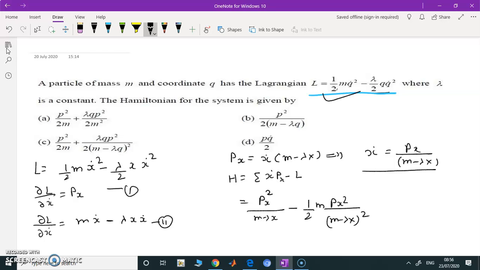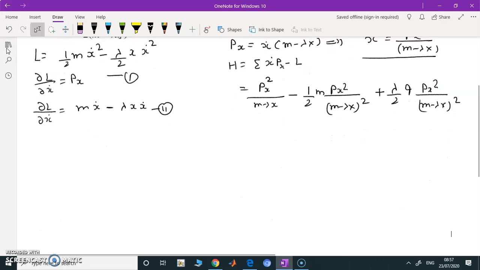And minus, so plus, the second term will be lambda by 2 q, and q dot square means x dot square, so it is Px square upon m minus lambda x whole square. If you solve this equation, I'll put the first term as it is, Px square upon m minus lambda x.